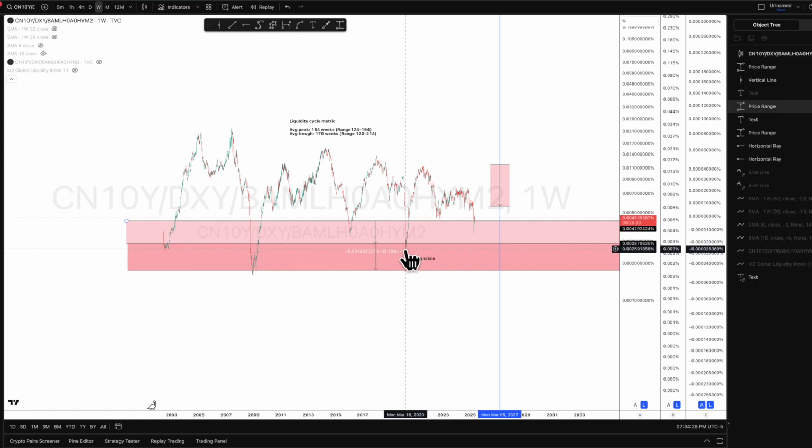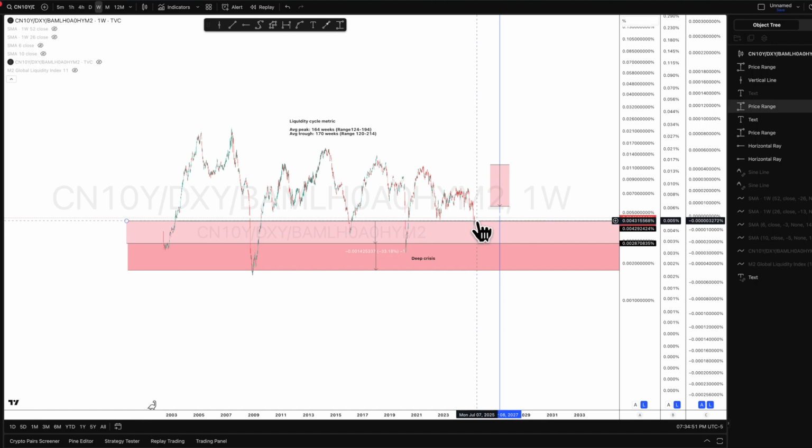The only other time we reached that since then was the COVID crash of 2020. We visited there in 2015, almost in 2022, and most recently with the tariff crash in March of 2025.